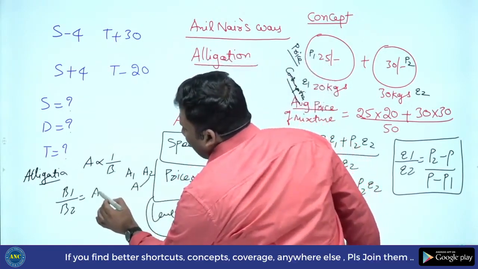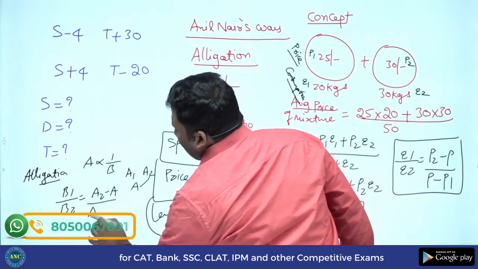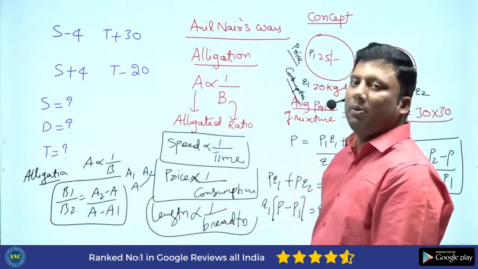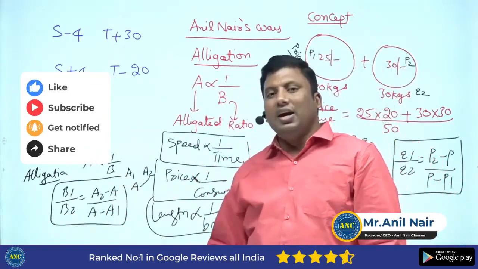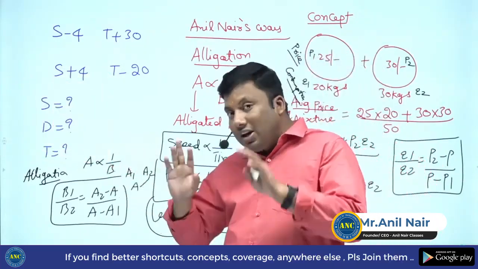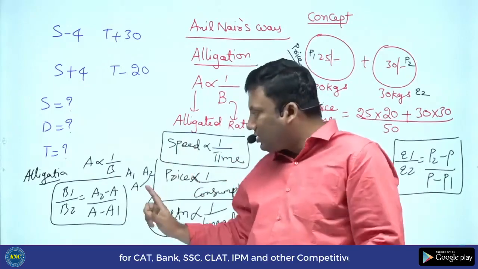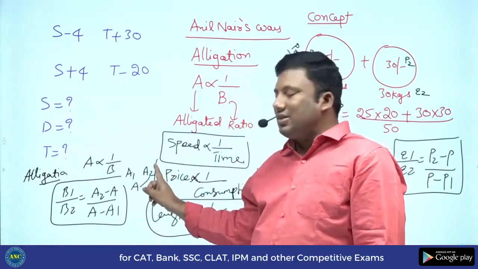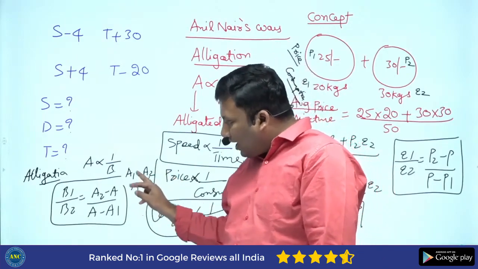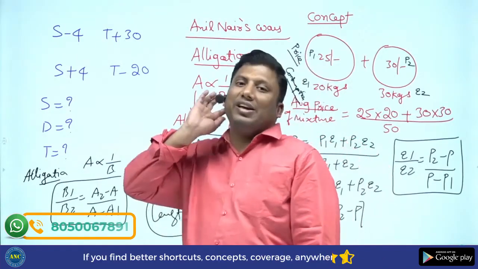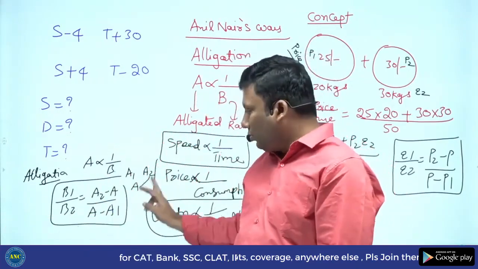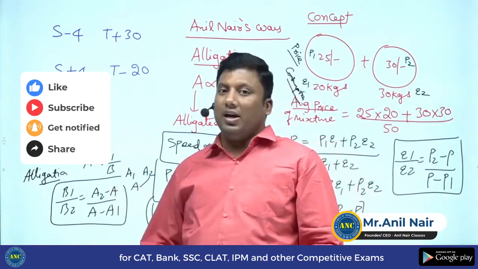Highest minus average by average minus lowest gives the ratio B1 by B2. So B1 by B2 equals (A2 minus A) by (A minus A1).